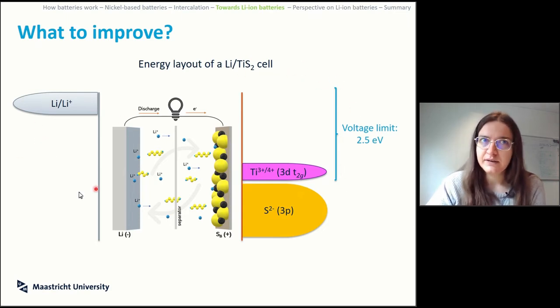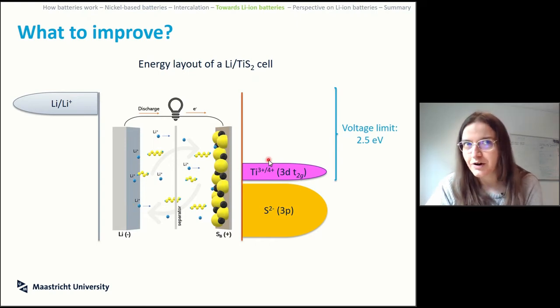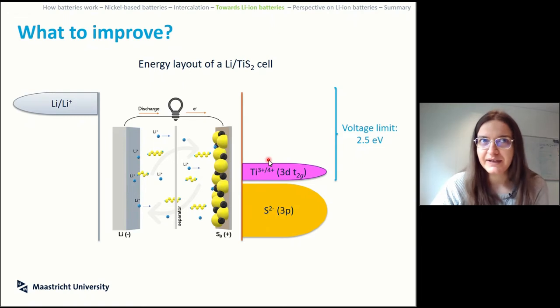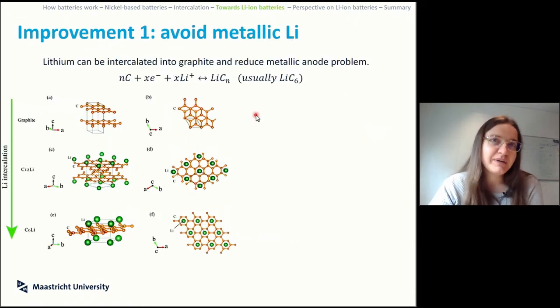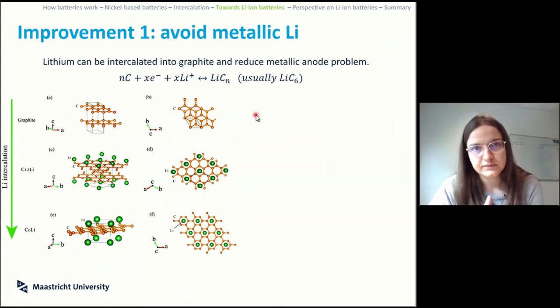We know that the recharging is unstable, so lithium as a metal should not work, but we were discussing the fact that intercalation of lithium, if it's a thing on one side, why can't it be a thing on another side? So lithium can actually be intercalated in graphite, usually in LiC6 ratio.